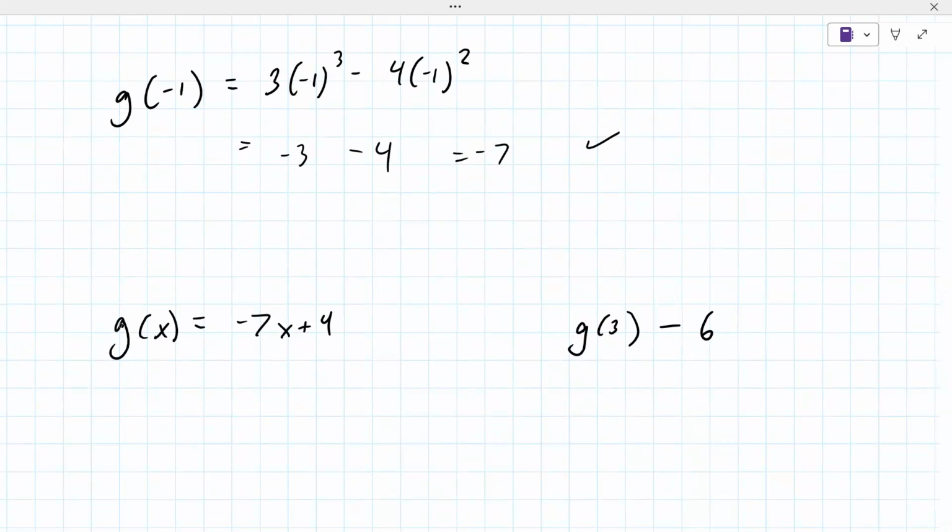What do you think that means? Do you solve it and then subtract 6 from it? Yes, you evaluate it and then subtract 6. So go ahead and give that a try, please.